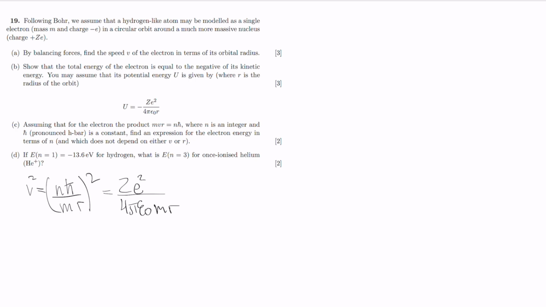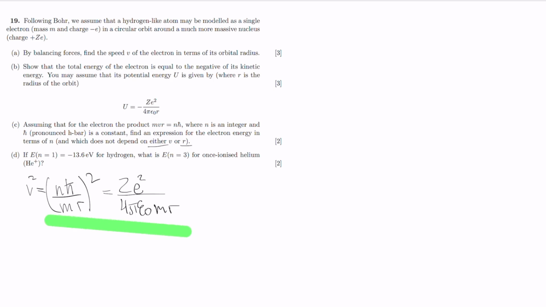Now there's a few different ways of tackling this. One way, because what we want to figure out is an expression for the electron energy which does not depend on the speed or the radius, what I'm going to do is rearrange this entire expression for r.